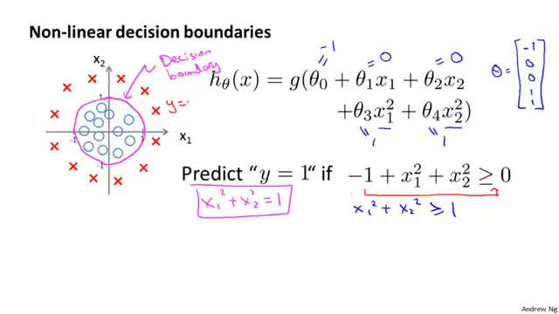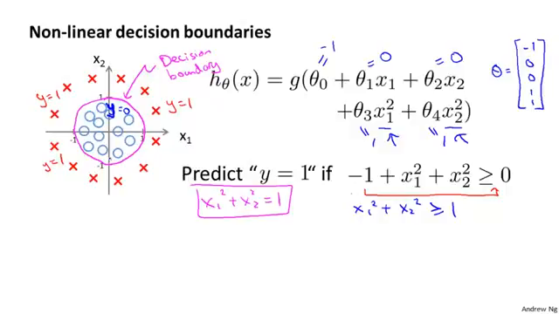So out here is my y equals 1 region. And inside the circle is where I'll predict y is equal to 0. So by adding these more complex polynomial terms to my features, I can get more complex decision boundaries that don't just try to separate the positive and negative examples with a straight line, but I can get, in this example, a decision boundary that's a circle.